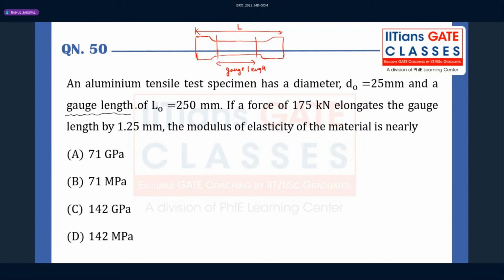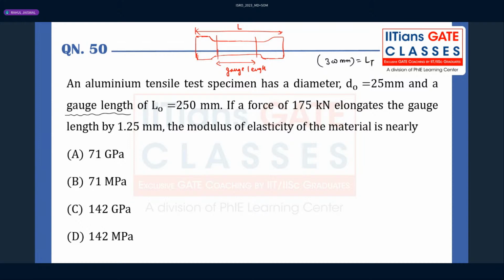Suppose in an examination they give the total length of a component as 300, and they also give the length used for gripping purposes as 50.